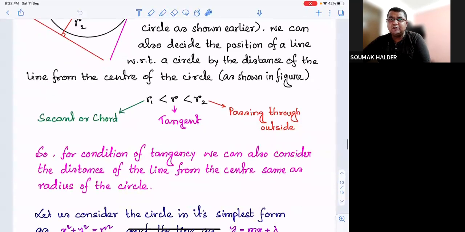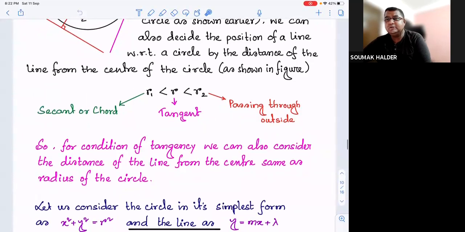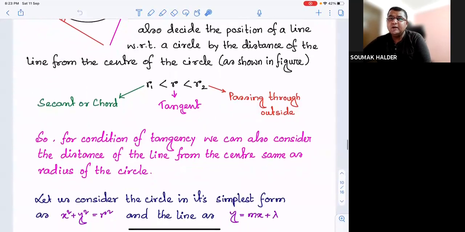So what we targeted is, let us consider the circle in simplest form and a line with slope m. Okay, so we have taken the line as y is equals to mx plus lambda. So definitely it is a line with slope m. Now, do you know that for a particular slope, how many tangents of a circle are gettable?